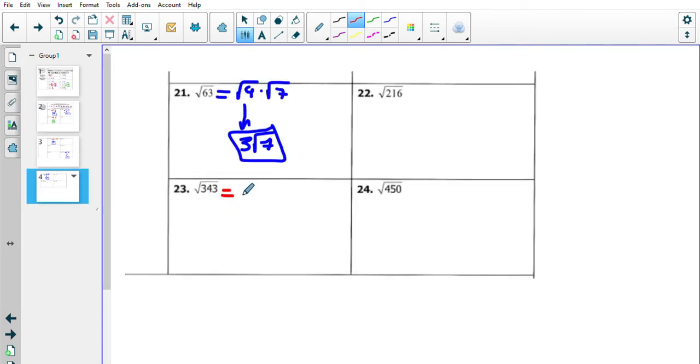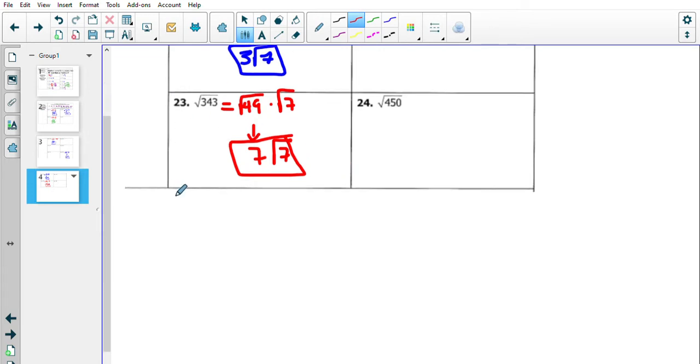So I have the square root of 49, and it is 49 times 7. The square root of 49 is 7, and the square root of 7 comes on down. Okay? So that is your simplifying radicals.